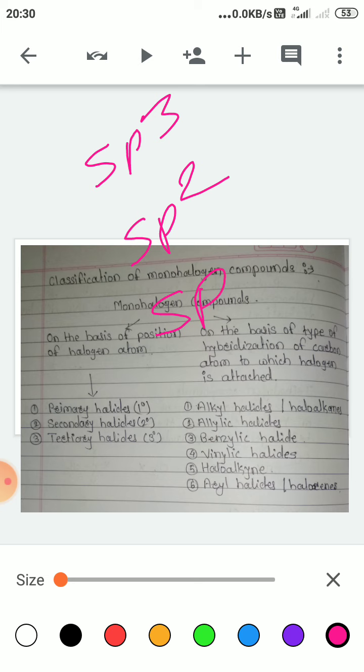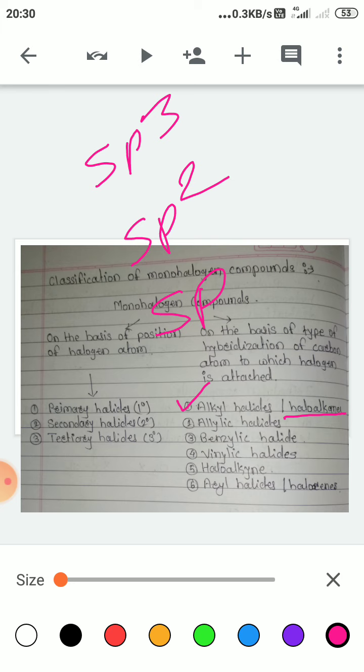Depending on this, we are going to see the different types of monohalogen compounds. Out of that, the first one is alkyl halides, that is haloalkanes. We will see the definition after this one by one.